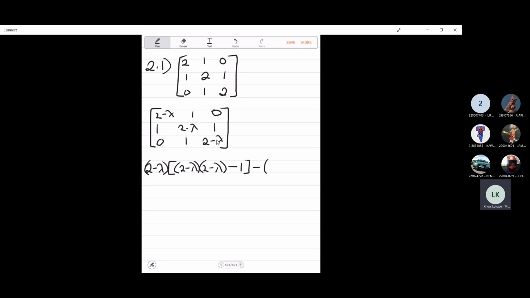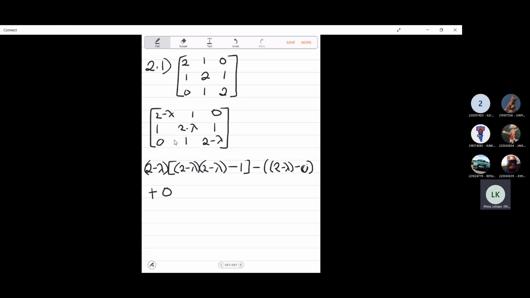So I have 2 minus lambda minus 0. And then the last one is positive 0 times whatever the determinant here is, which is just 0.